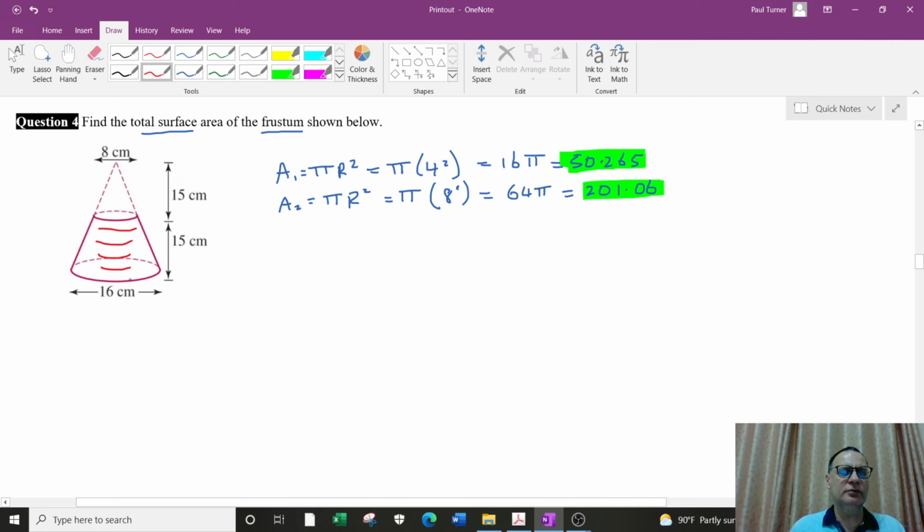You've got a big cone and we'll redraw it. So the total height of the big cone, including the bit that's removed, is 30. So that height of that cone is 30. And the radius of the base here is 8.